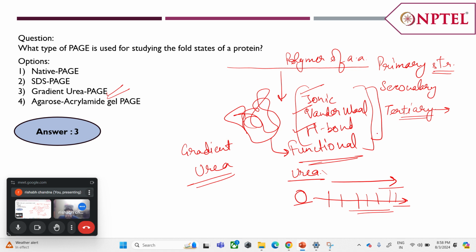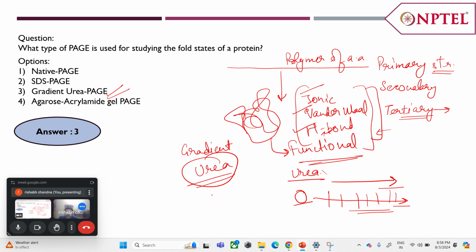What happens if we try to break these interactions and study the different folded states of a protein? Then we would better understand how this folding happens and what is the reason behind this particular fold that is formed in a protein. So we apply urea so that we can break these particular interactions and study the different folded states of a protein.